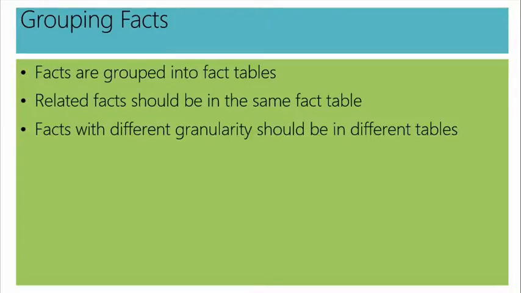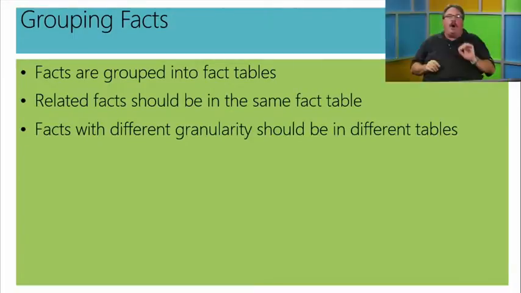No. Probably not. Because remember when we talked about that fact table, we said that the fact table needs to have the dimension keys for all of the dimensions it relates to as part of the primary key. Well, you can't have null values in a primary key. Therefore, if the two measures don't relate to the same dimensions, they're not going to have a fully qualified primary key.